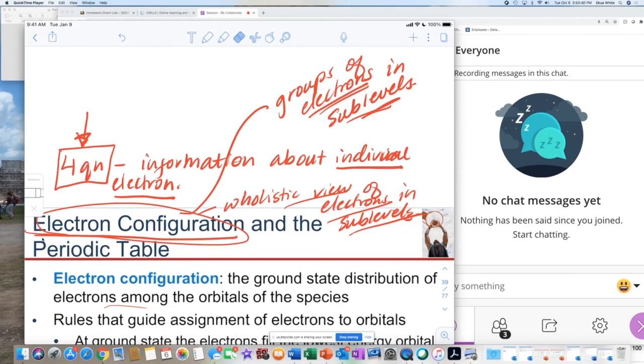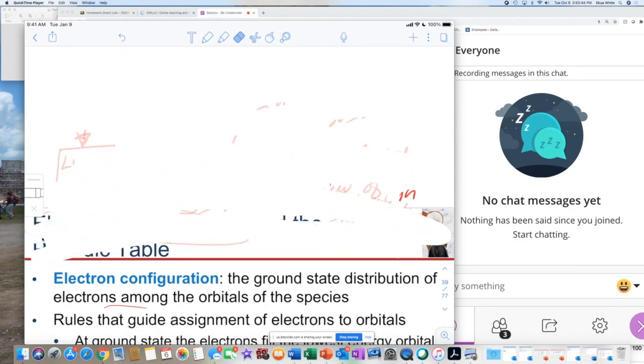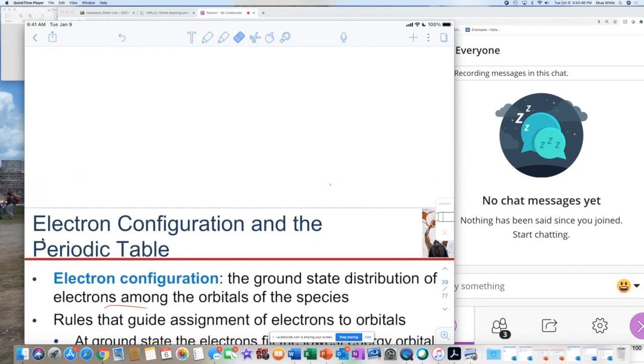So just in case you have a question about that, the sublevel is like taking one energy level and then splitting into different parts. So let me see if I can show you a picture of this. Let's say this is energy level 2. Let me go with energy level 3 because there's more sub levels in energy level 3. We have 3 sub levels in energy level 3. So I'll show that one instead.